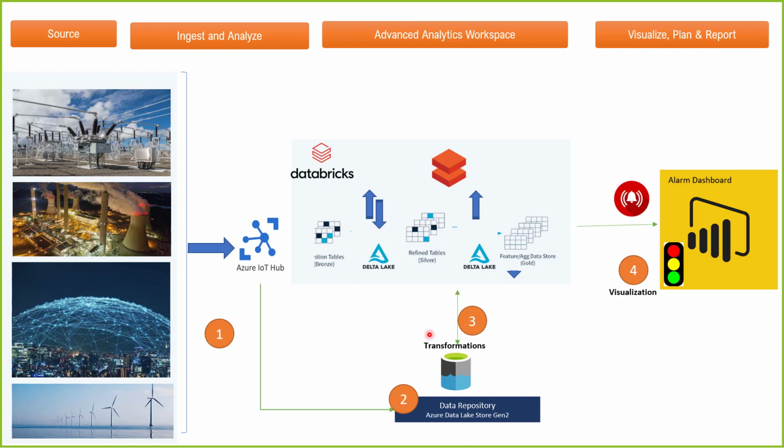Here is where Autoloader comes into the picture, and we process that file in Databricks, into the Delta table, silver table and gold table. If you were not aware of Delta architecture, basically Delta Lake is the lake where we save the transformed data into various tables, like the refined table is the silver and the aggregated table is the gold.